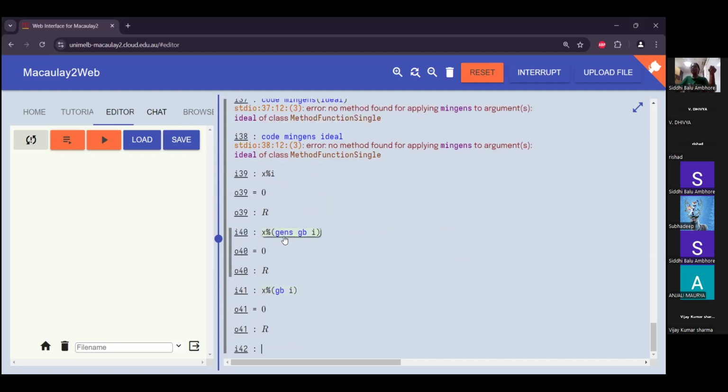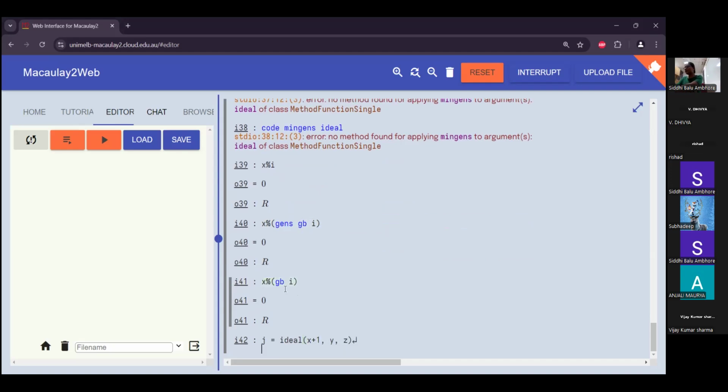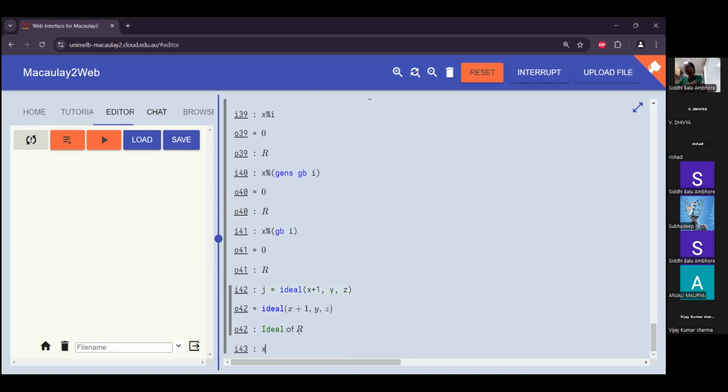So this will give me the remainder. If I define some ideal like x plus 1, now this is a maximal ideal, and when I do this, it shows me -1. So you can find the remainder.